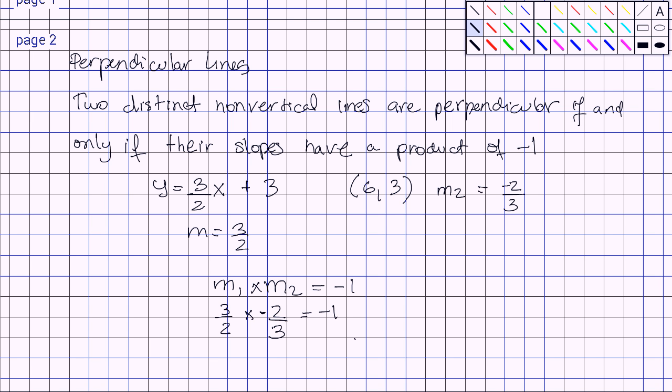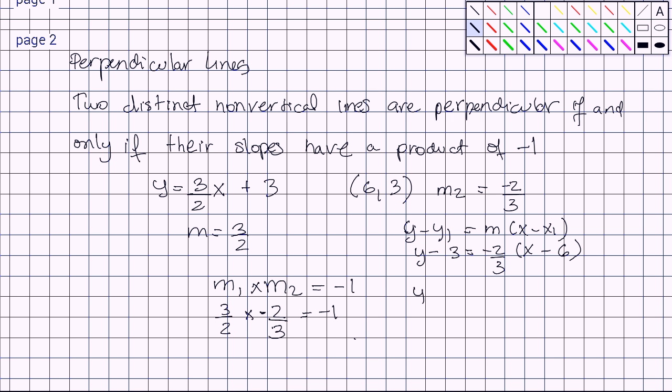Now I can use the point-slope form again because I have a slope and I have a point, and I can find the equation of the perpendicular line. So y minus y1 equals m times x minus x1. I plug in my point: y minus 3 equals negative 2/3 times x minus 6.